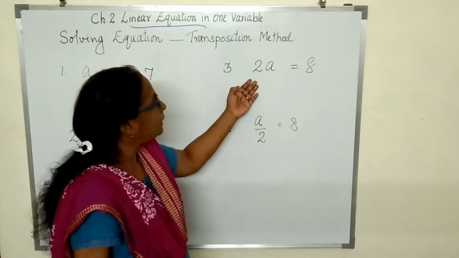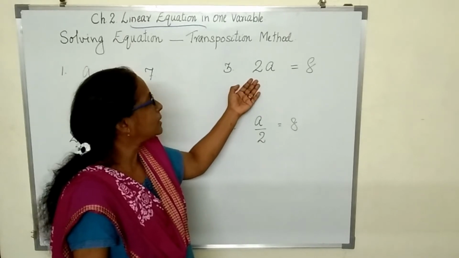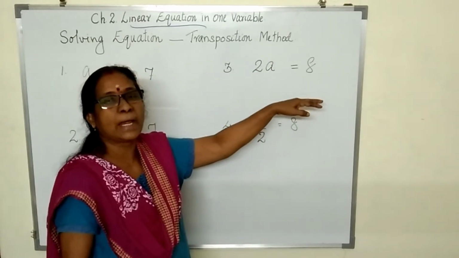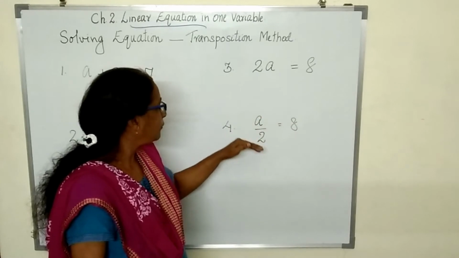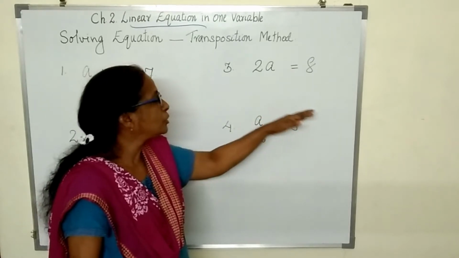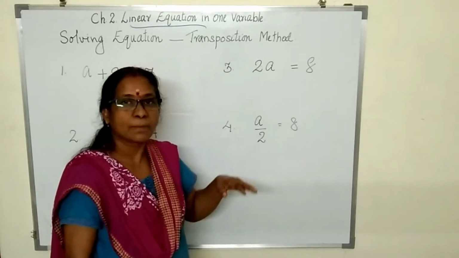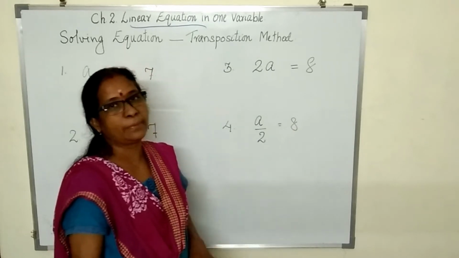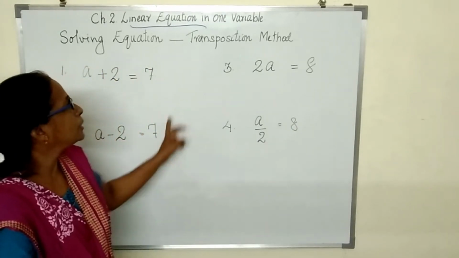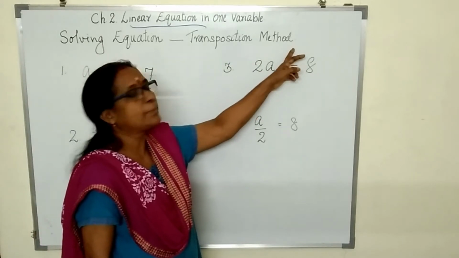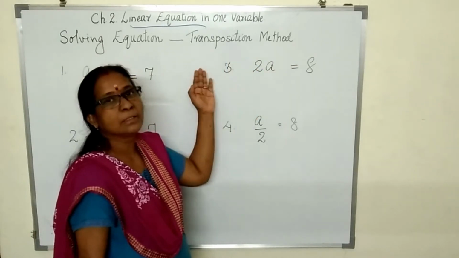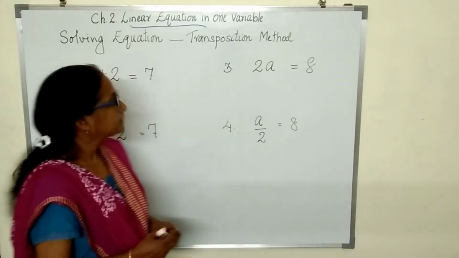If you take a multiplication to the other side, it will become division. And if it is division here, when it goes to that side, it will become multiplication. That is a simple principle for solving an equation using the transposition method. Transposition means changing the position.